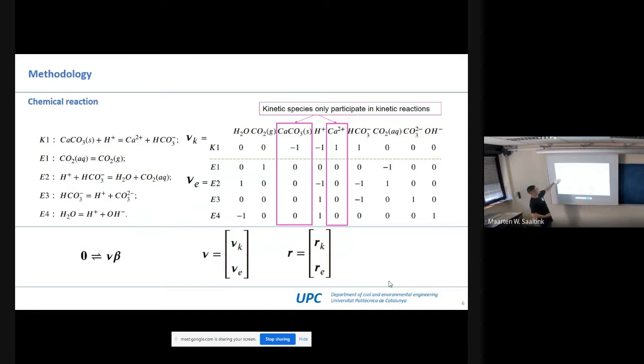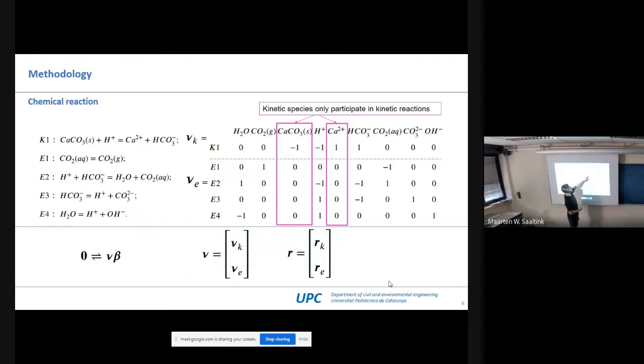So if we treat them as kinetic reactions, the simulation will be very slow. That's the reason we first split the reactions into kinetic and equilibrium. And if we split them, we will have some interesting things.